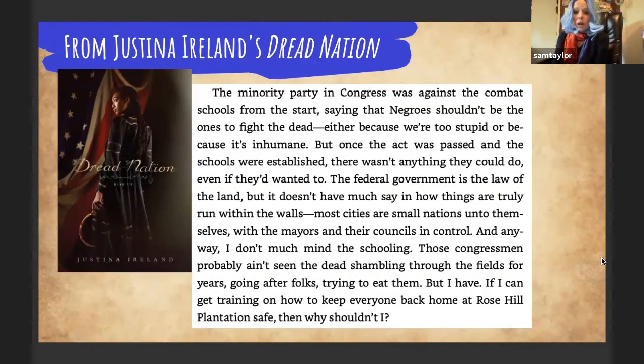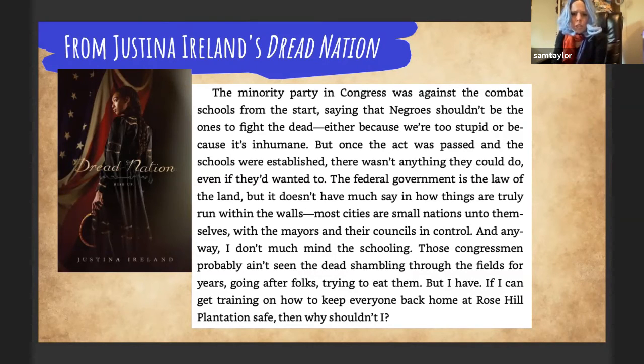The minority party in Congress was against the combat schools from the start, saying that Negroes shouldn't be the ones to fight the dead, either because we're too stupid or because it's inhumane. But once the act was passed and the schools were established, there wasn't anything they could do, even if they'd wanted to. The federal government is the law of the land, but it doesn't have much say in how things are truly run within the walls.